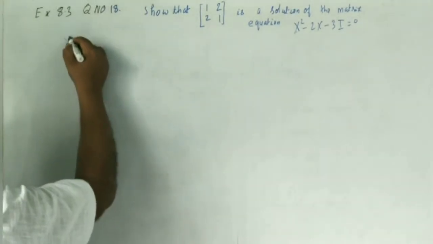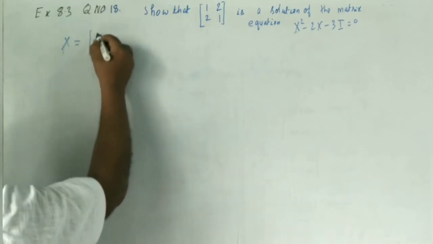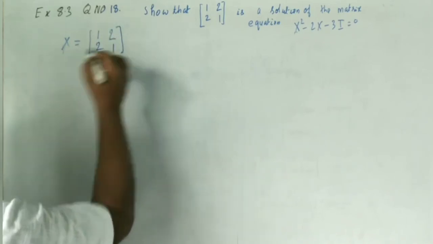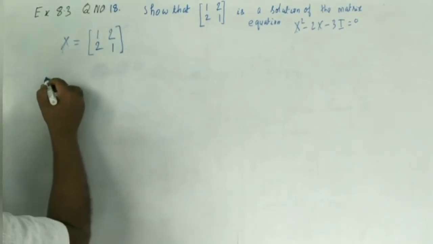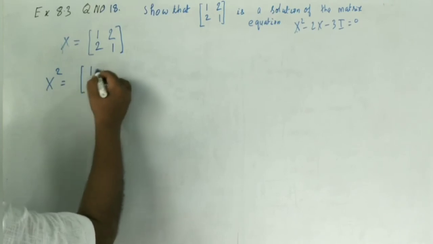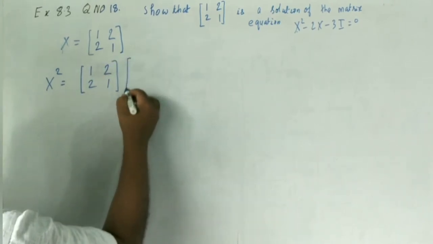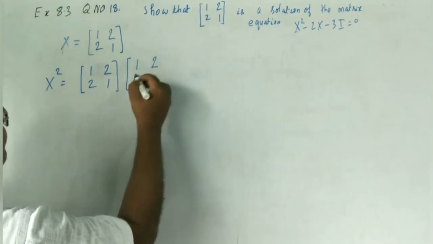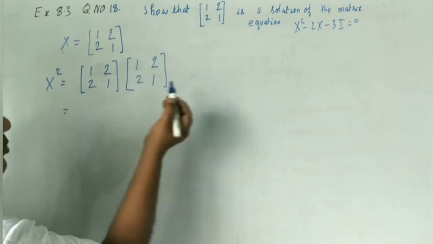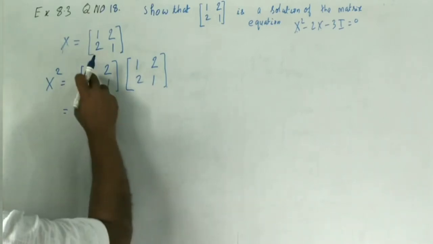So I will take X as 1, 2, 2 and 1. First I will find X squared. 1, 2, 2, 1 times 1, 2, 2, 1. All are 2 by 2 matrices. So first row, first column, 1 into 1.